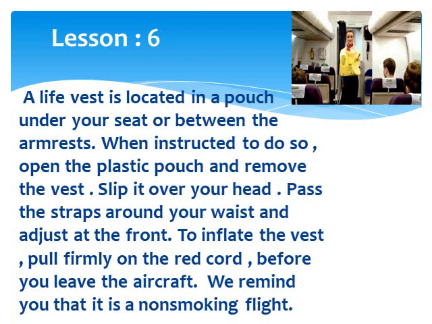We know the meaning of pouch, and this pouch is under the seat or between the armrest. Do you know the meaning of armrest? Armrest means the handle at the side of the seat.